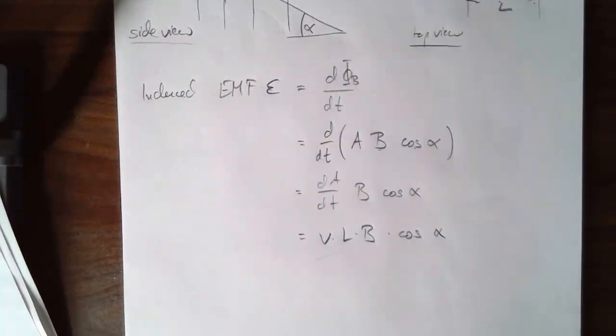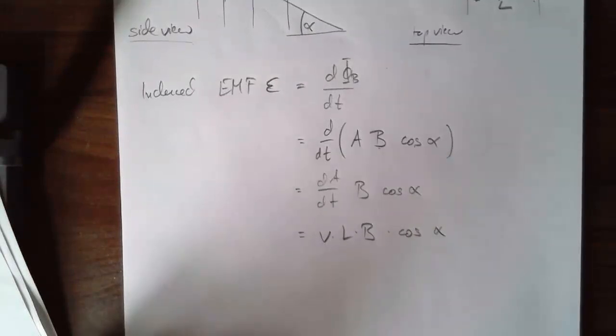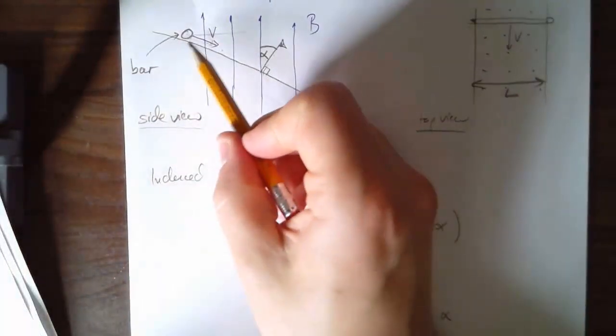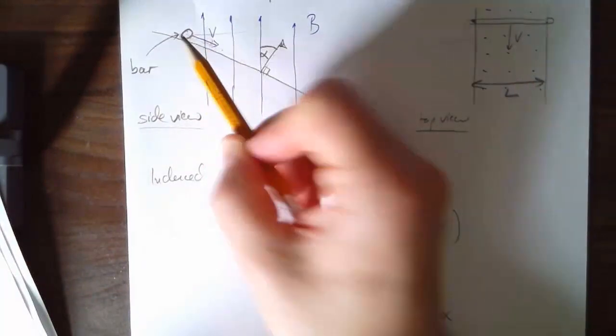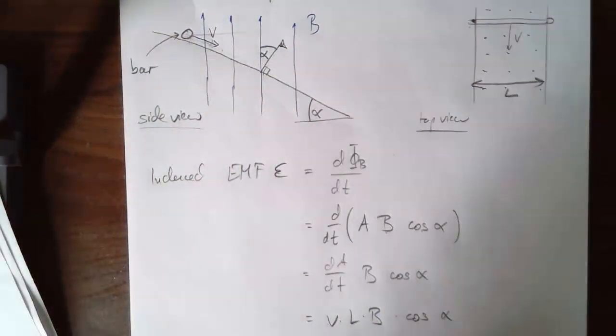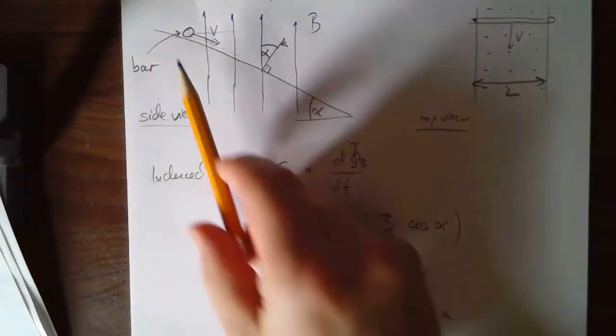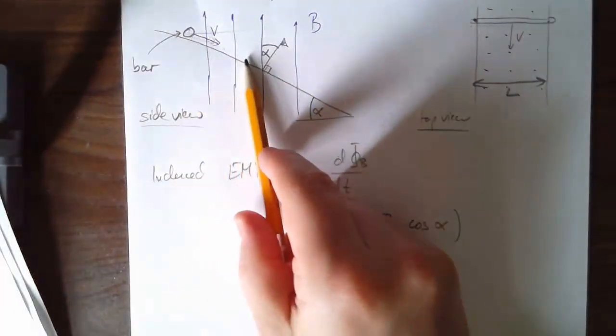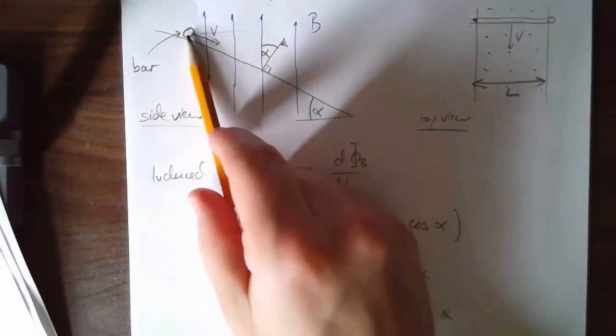Now let's follow this problem up a little bit and do a fun calculation, and ask what is the terminal velocity of this rod. This brings us back to the idea of magnetic braking. Remember, once this rod starts moving, there's going to be a current in the rod.